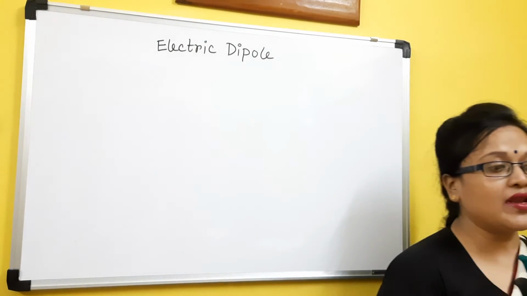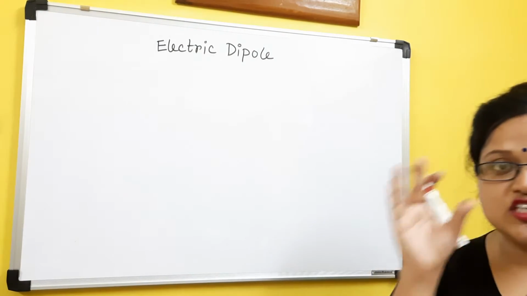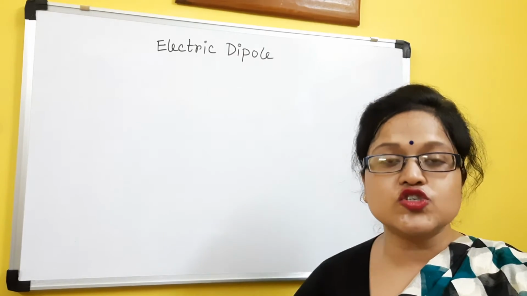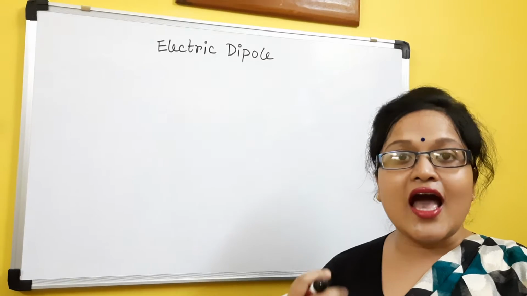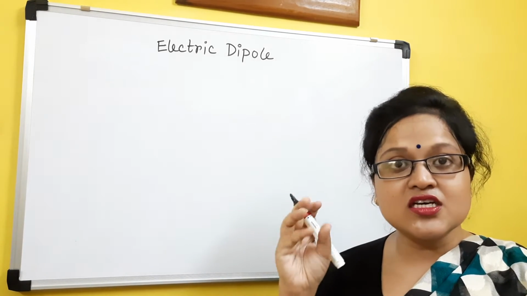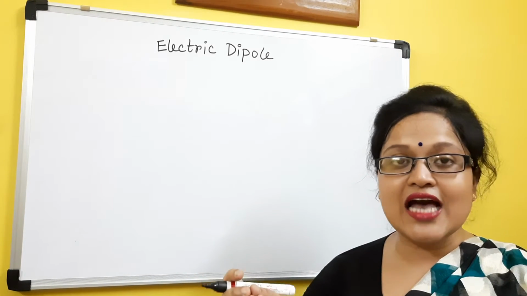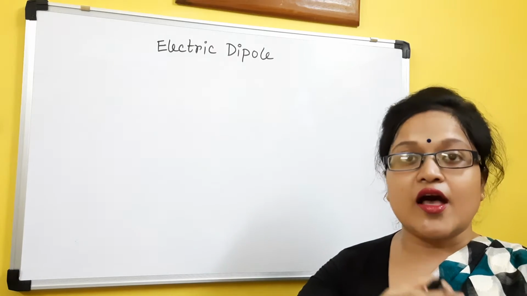So what is happening actually, due to the arrangement of the electrons and protons, some molecules have one side positive charge, another side negative charge.